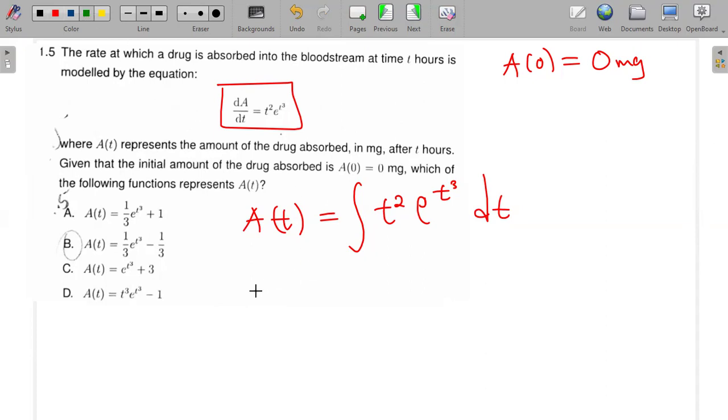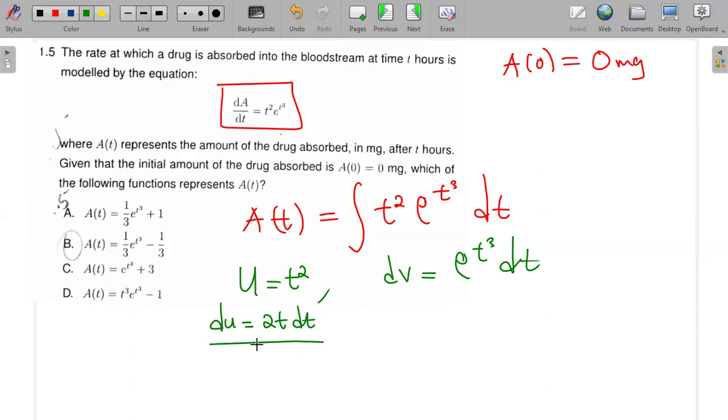From there, I'm going to say let u be equal to t squared, and let dv be equal to e to the power t cubed dt. So my du is equal to 2t dt.